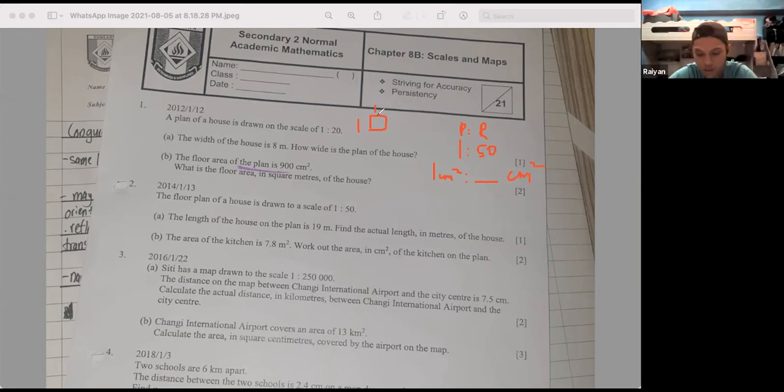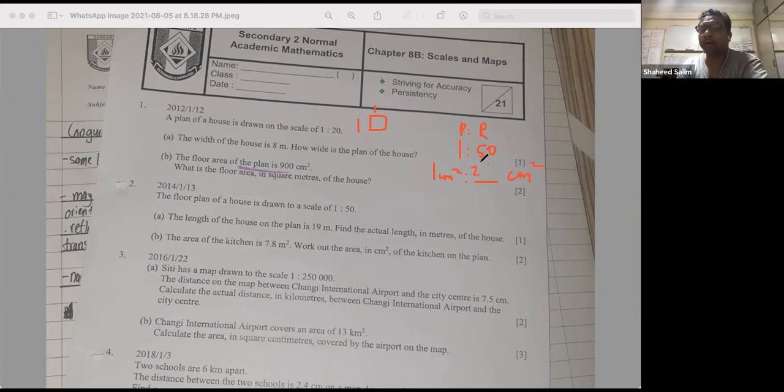Now the same thing, we put 1 to 50, so 1 cm to 50 cm. Now what about 1 cm square? How many cm square do you have? On the map, 1 times 1 gets 1 cm square, but reality is 50 times 50, 2,500.